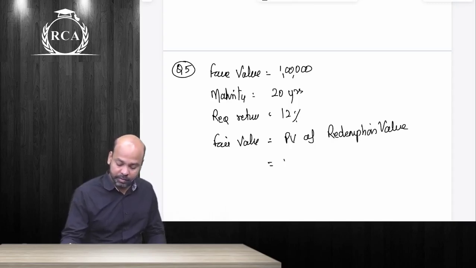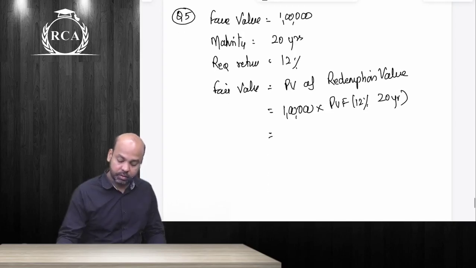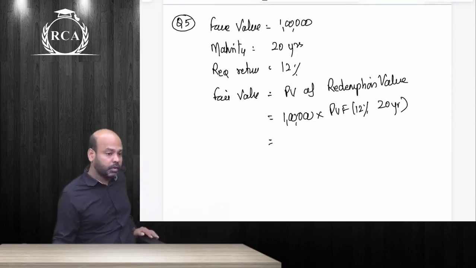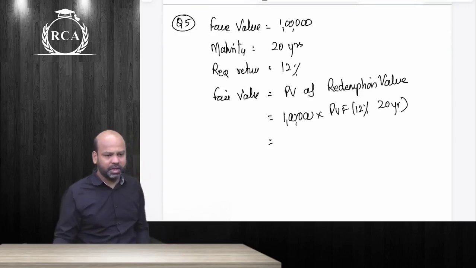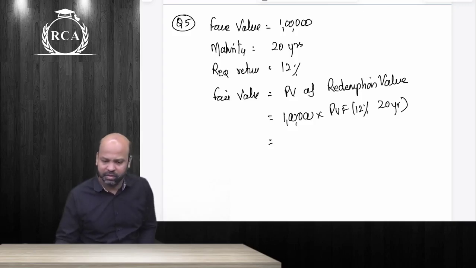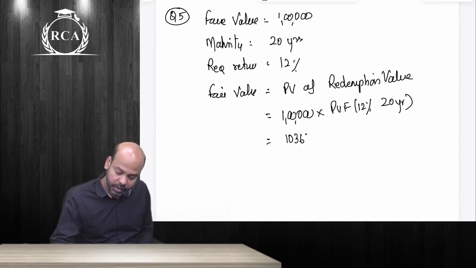So that will be 1 lakh rupees multiplied by the present value factor at 12% for the 20th year. This will give us the fair value of the bond, guys. How much is this? 10,366.68.